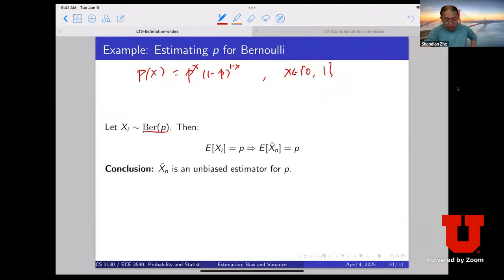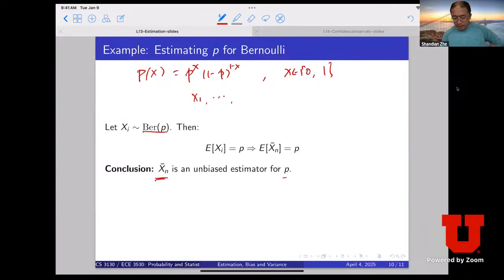So now we also want to conclude that the sample mean is an unbiased estimator for p, right? The setting is that, suppose I flip the coin many, many times.